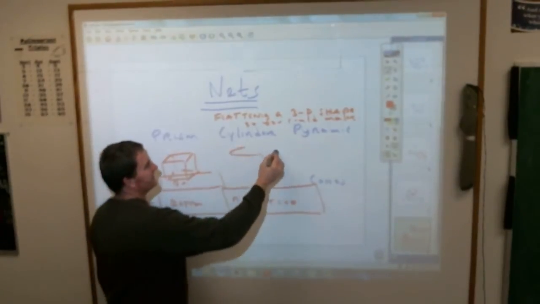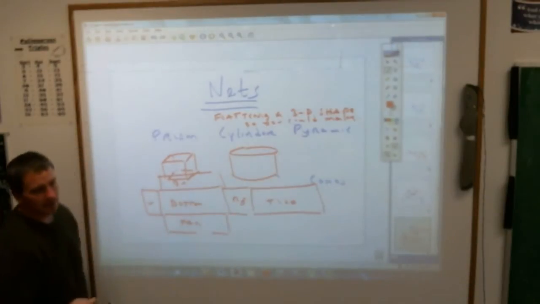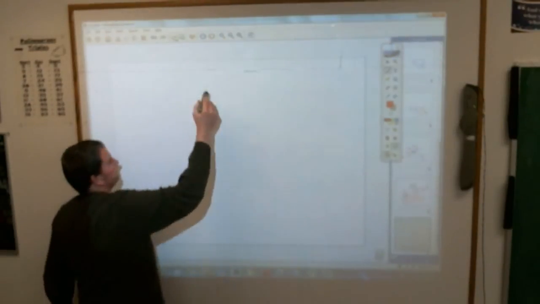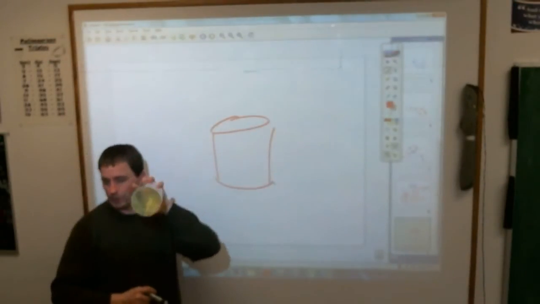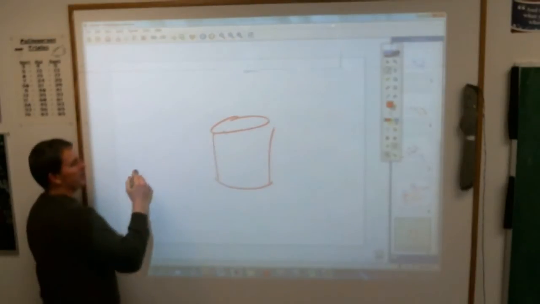What would a cylinder look like if somebody was making it out of cardboard? What would be the net of a cylinder? Well, it's not that terribly difficult. You've got two shapes that are obviously what? Circles. The top and the bottom are circles.